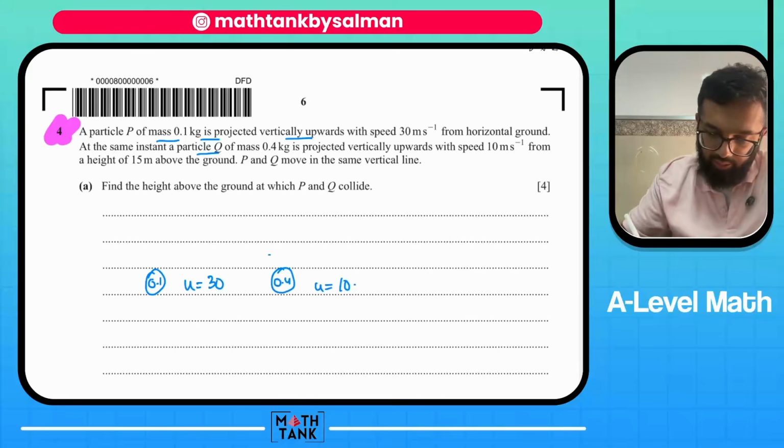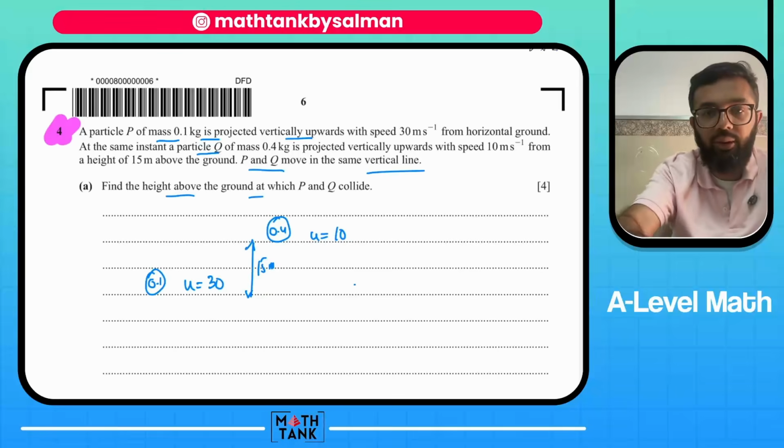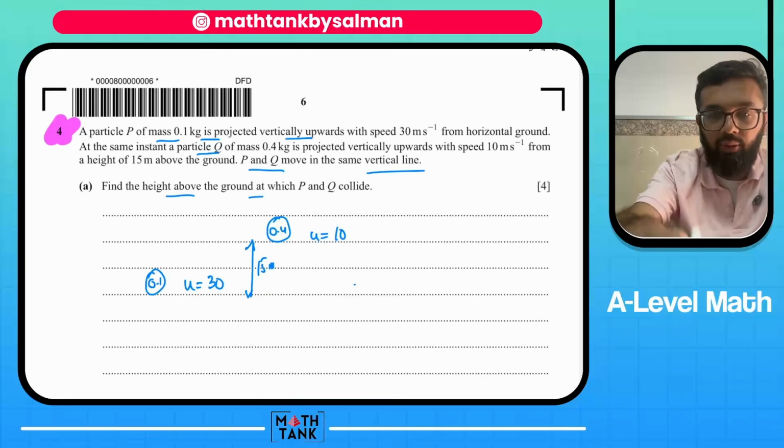Sorry, my bad. Move that up. Okay, so this distance is 15 meters. P and Q move in the same vertical line. Find the height above the ground at which P and Q collide.